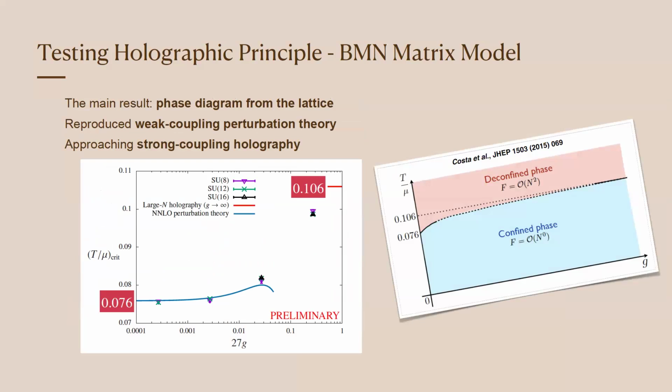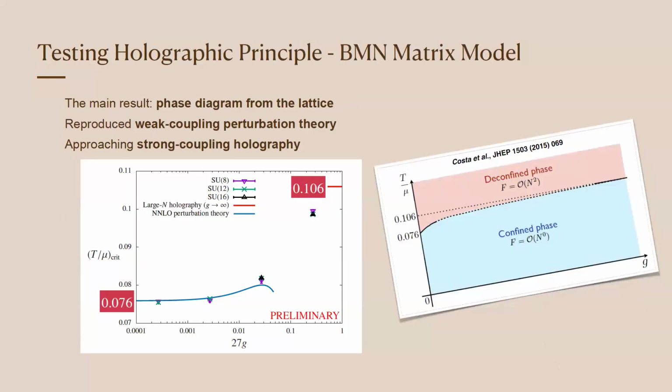Simulations are still going on, and it's already matching with the weak coupling result. And this is our next to next leading order perturbation theory result. As you can see, perturbation theory breaks down as the coupling increases. It is maybe applicable here. This is a non-perturbative region, strong coupling. The result from holography is this from the graph.